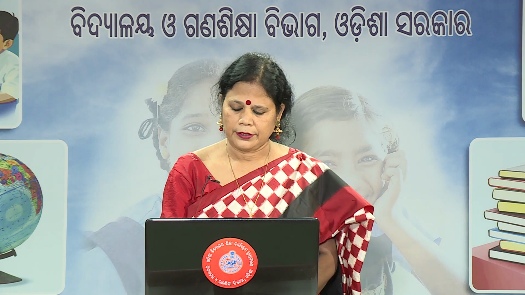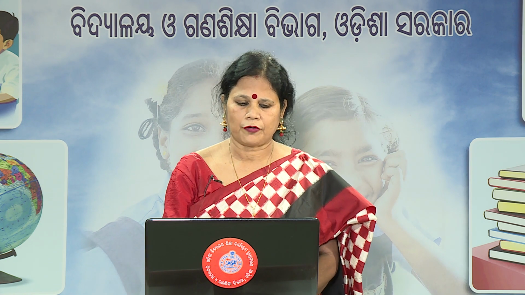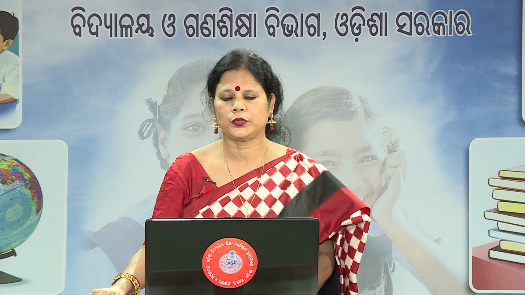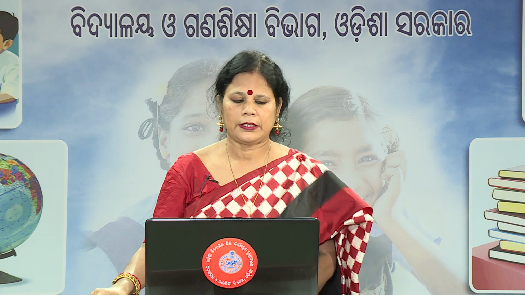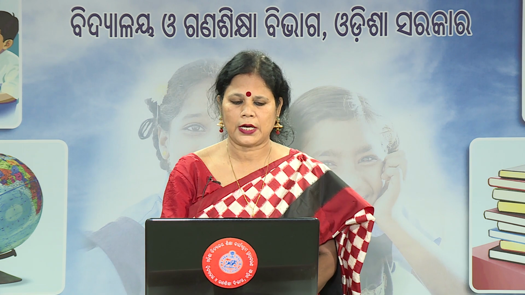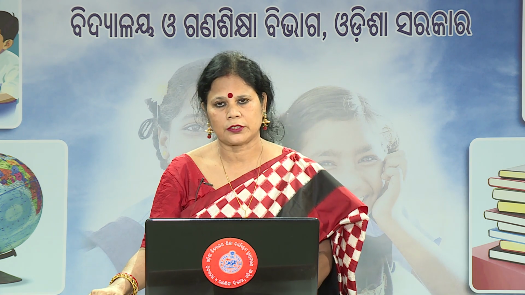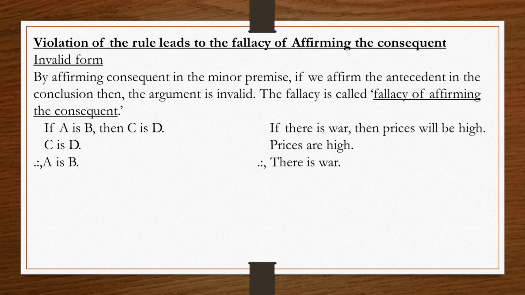Then again in the constructive form we have a fallacy. If we violate the rule we have a fallacy, and the fallacy is known as the fallacy of affirming the consequent.